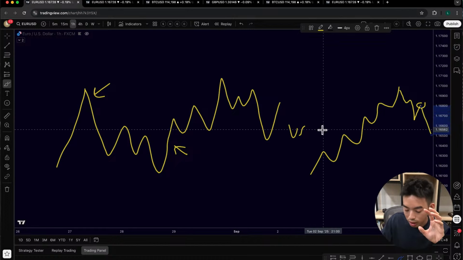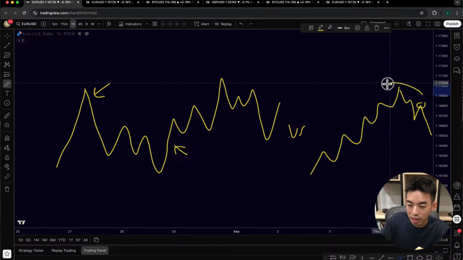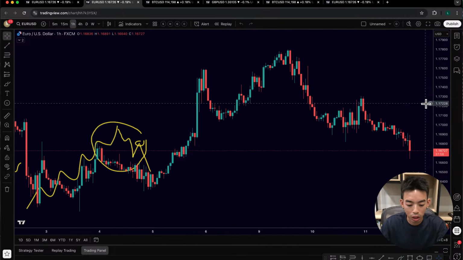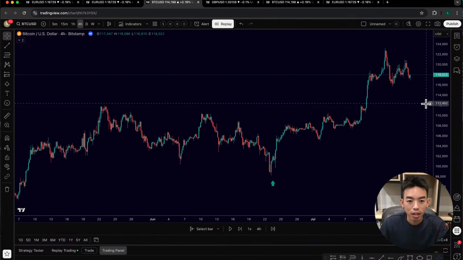So that's the main condition that you really want to make sure you understand. This is basically a pattern that you're spotting in the market, but a pattern itself is not going to help you be successful at trading.